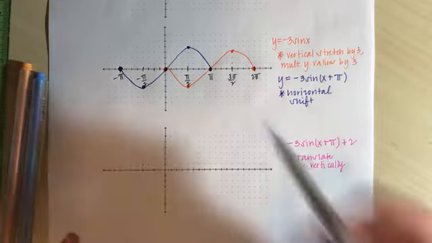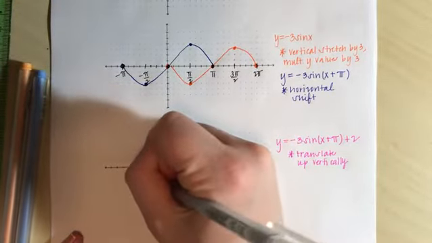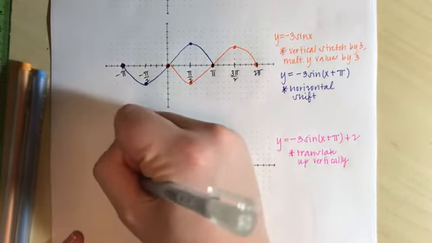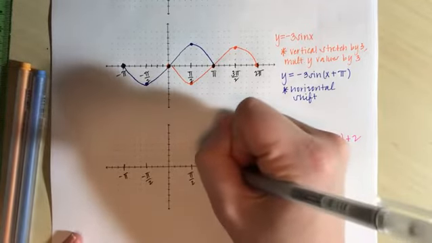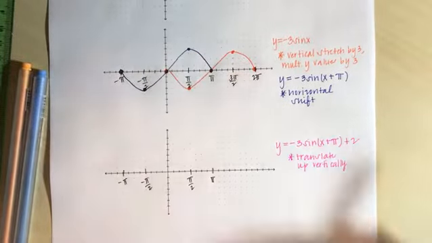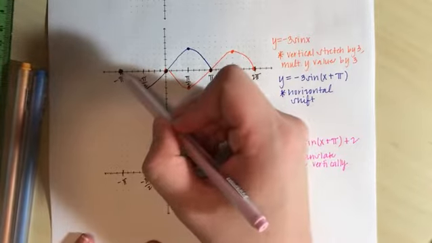Again, I need to give myself some scaling. So if I'm over here, 1, 2, 3, 4, that's negative pi over 2, 1, 2, 3, 4 more, negative pi, 1, 2, 3, 4, pi over 2, 1, 2, 3, 4, pi, and that's really all I need because I'm not changing my x values at this point, I'm just shifting it up. So this guy's at 0.